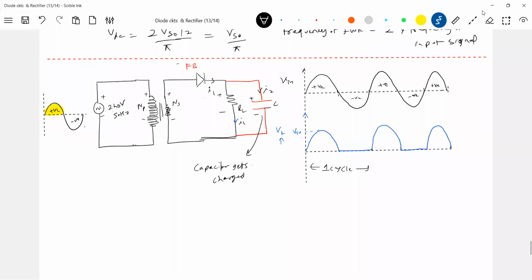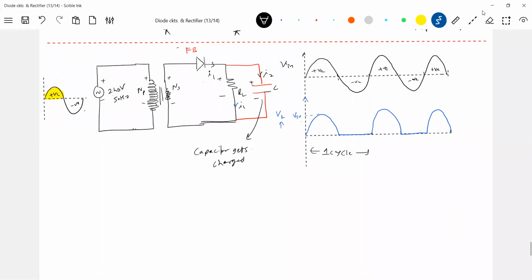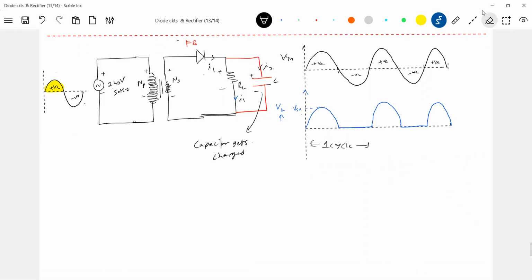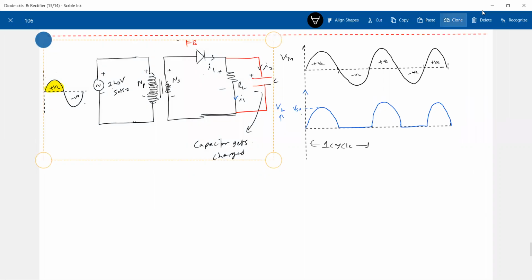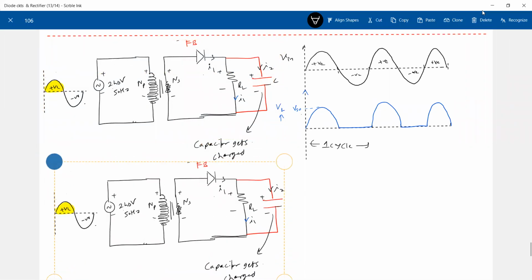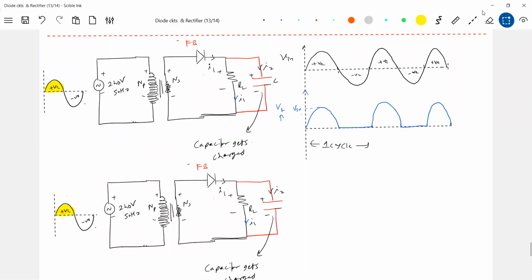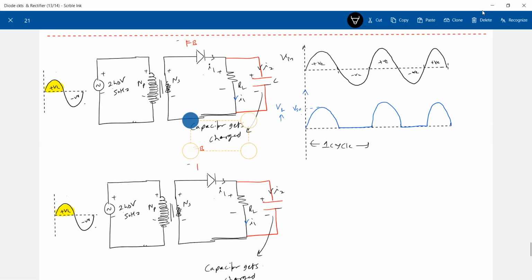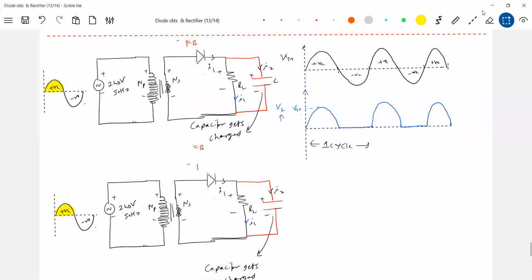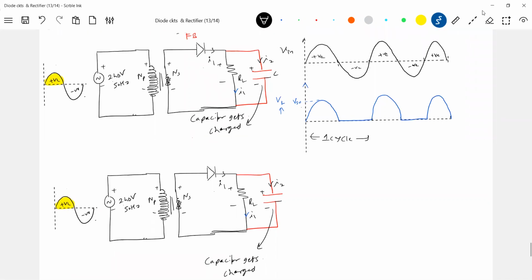During the negative half cycle, what will happen? What is the state of the diode? The diode will be reverse biased. I think the complete diagram is visible. Yeah, fine.